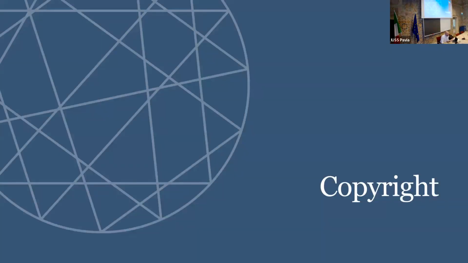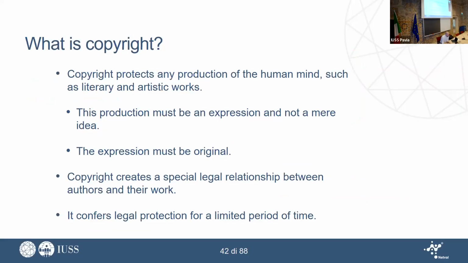Copyright. Copyright is a different kind of protection because it doesn't protect a technological invention, but any production of the human mind, provided that this production is an expression of the idea and not a mere idea.